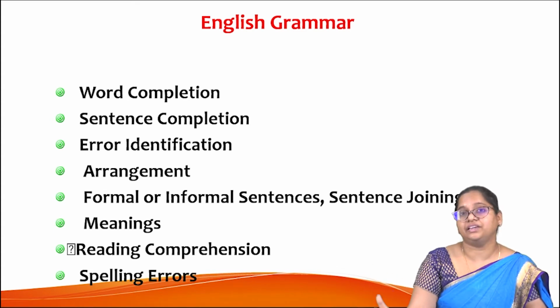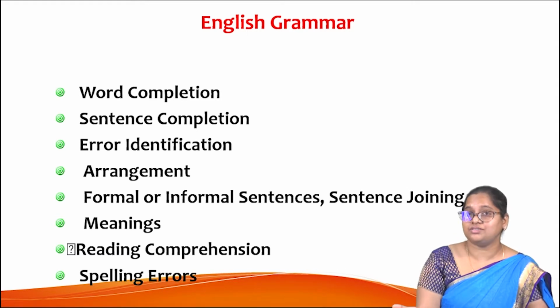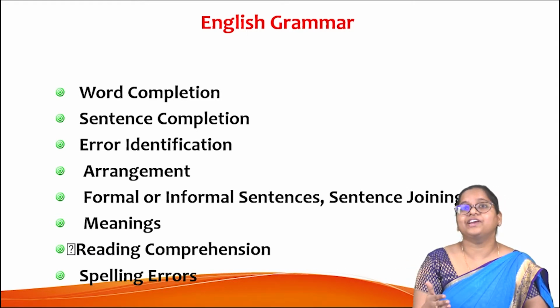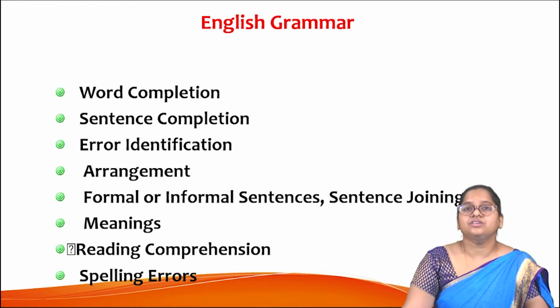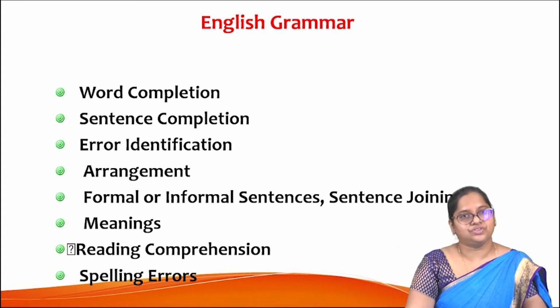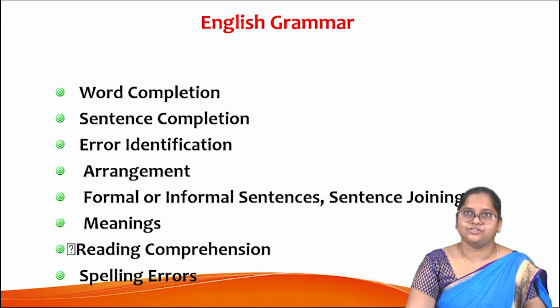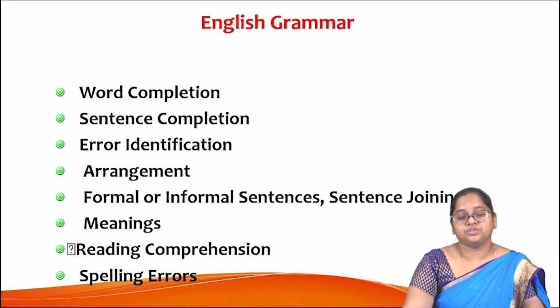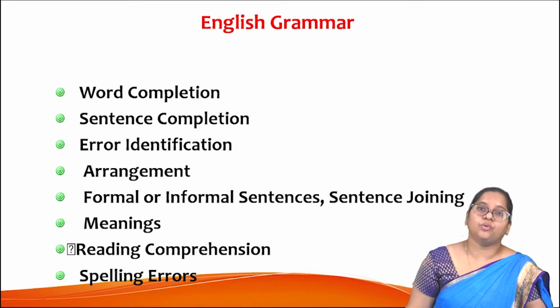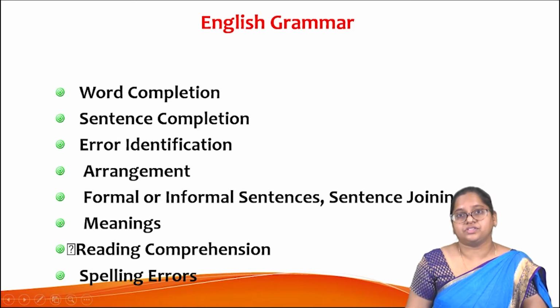Error identification is one important topic. Arrangement: arrangement of sentences, arrangement of words. Mostly it's about sentence arrangement, which is equally important. And you see formal or informal sentences, sentence joining, meanings, reading comprehension, spelling errors.